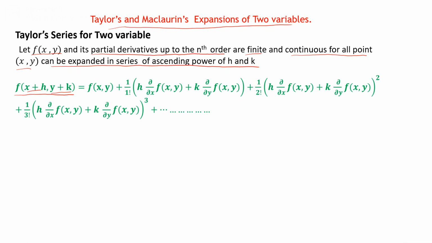So we write f(x,y) plus 1 upon factorial 1 times h del upon del x of f(x,y).